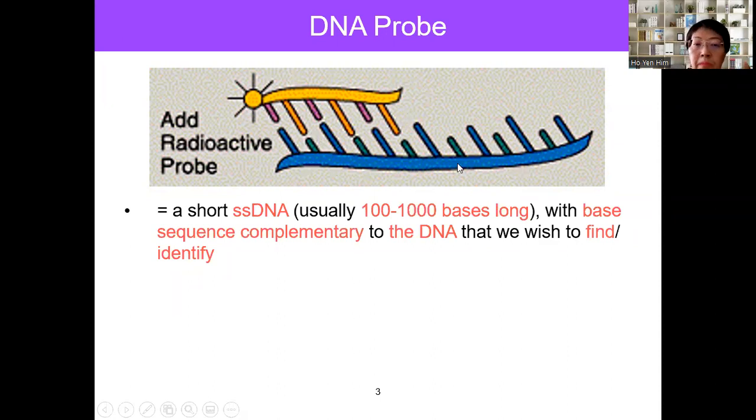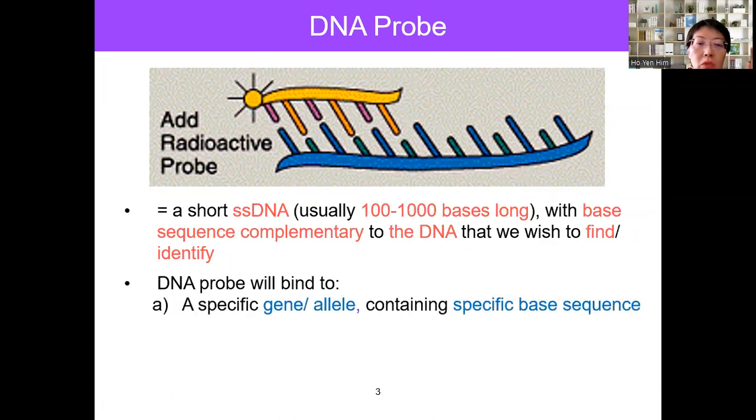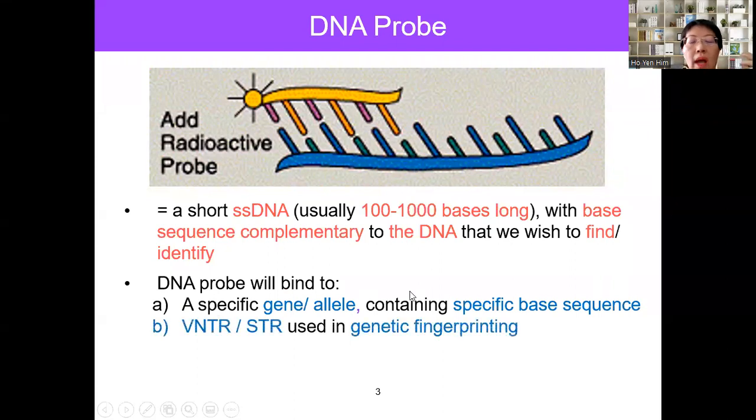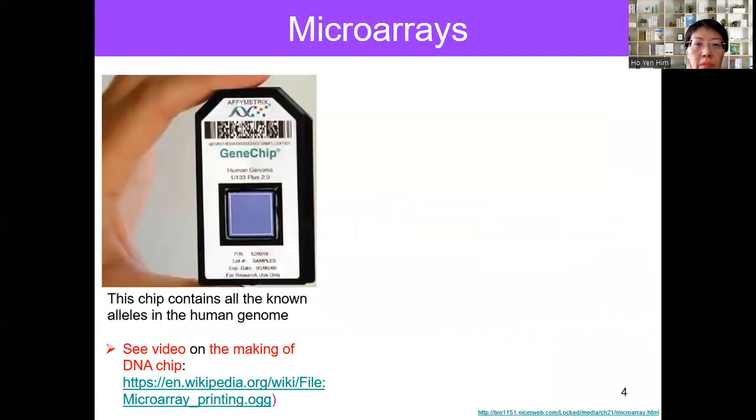Therefore, our DNA probe will be able to bind to a specific gene or allele that we try to find from the genome of a cell, for example, or we are trying to locate a VNTR or STR region, which is used in genetic fingerprinting. So this is the use of a genetic probe.